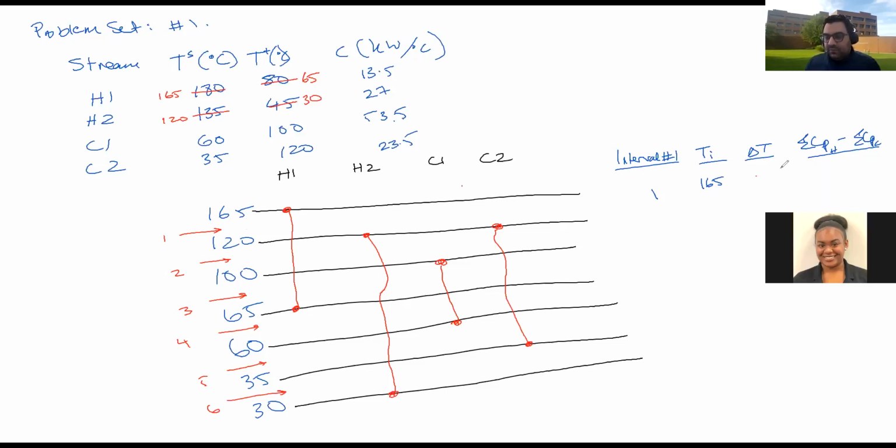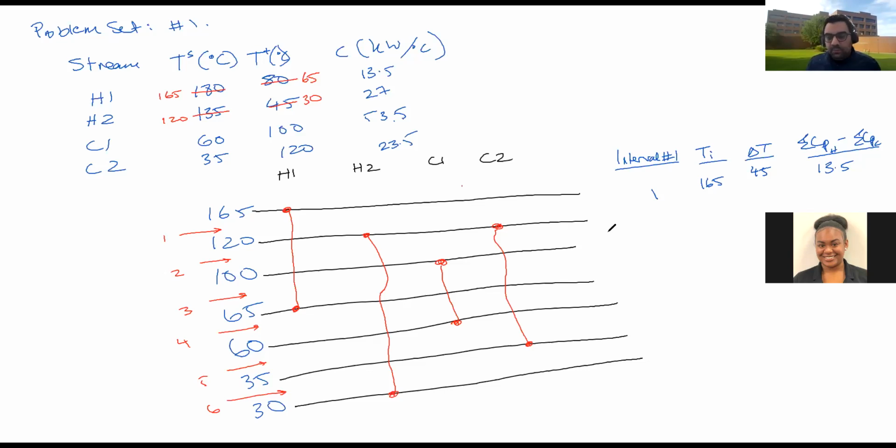So I have 45 for delta T. And then summation of Cp hot minus summation of Cp cold. How many hot streams do I have? I only have H1, and the Cp for this stream is 13.5, minus any cold streams. There are no cold streams in this interval; C1 and C2 are not present here. So this parameter is only 13.5.